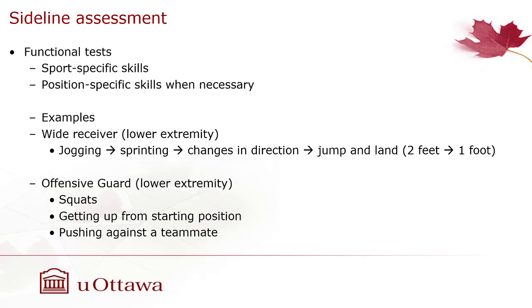So, for example, for a wide receiver with a lower extremity injury, I would put them through a little bit of jogging in a straight line, sprinting in a straight line, sprinting with some changes in direction, a jump and landing on 2 feet, 1 foot, and then putting everything together where they have to sprint as fast as they can, change direction, jump to catch a pass, land, and sprint again, so that I mimic every portion of their job on the field.